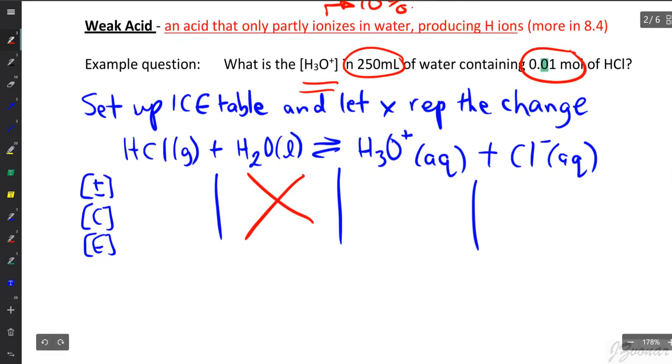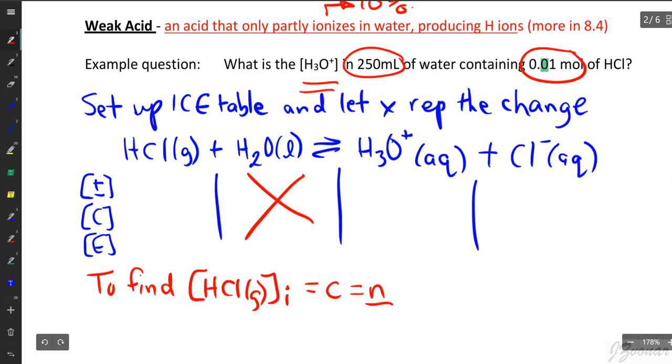So to find the initial concentration, I'm going to say the HCl, I'm going to call it little I for initial concentration, is going to be equal to the concentration formula. You're going to need to use that. C equals n over V.